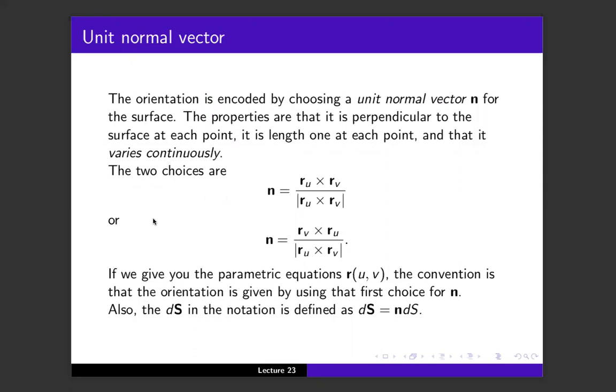The easiest two tangent vectors to use are r_u and r_v, and a vector that's orthogonal to both r_u and r_v is the cross product. So you take the cross product of r_u and r_v and divide it by its magnitude to ensure that it's a unit vector. You get r_u cross r_v over the magnitude of r_u cross r_v, and that's what we're going to choose for our vector n.